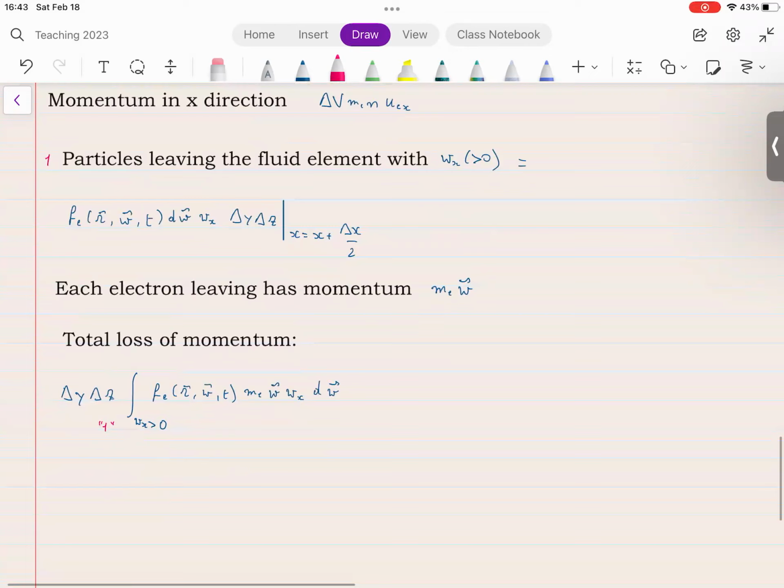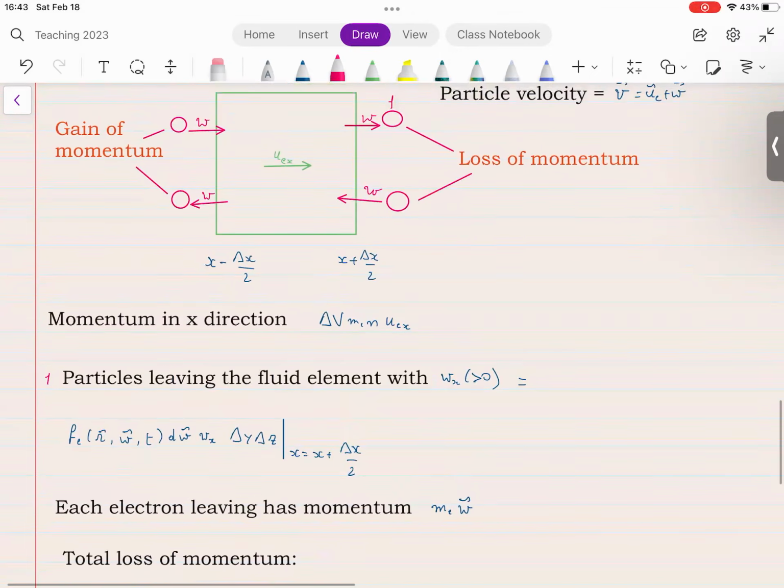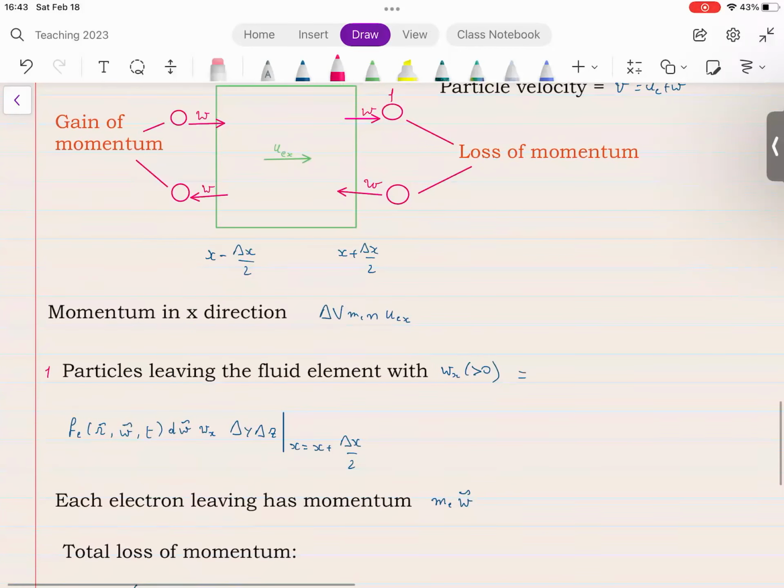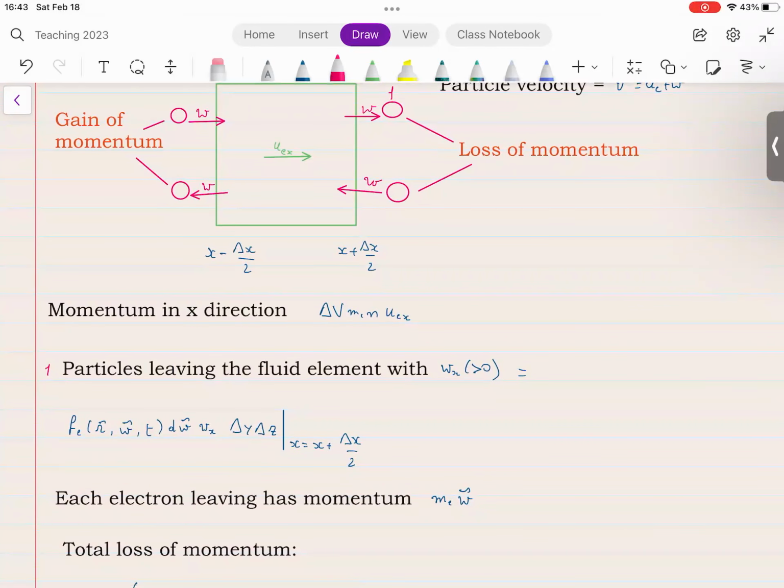Now, I'm not going to redo it, but maybe you can try. I'm going to apply the same reasoning to particles of type 2 and say, well, I'm going to have a loss of momentum that's proportional to the momentum of each particle coming in with that negative velocity wx.